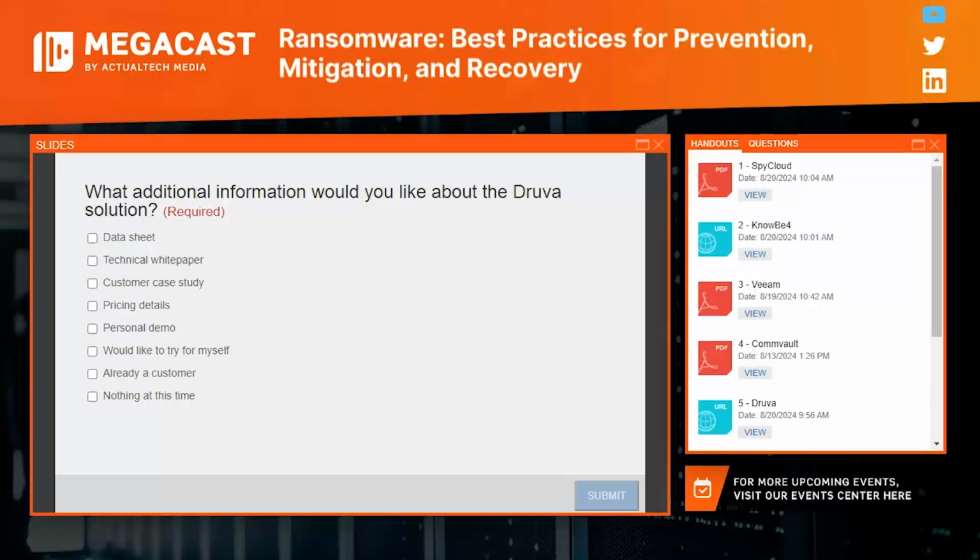We have a lot of enterprise-sized customers that are using Druva for endpoint protection, data centers, and SaaS applications. So it's highly versatile then. Very versatile. Yes, we've been in the game for a while now, so we support a very large myriad of different workloads and applications. Perfect.